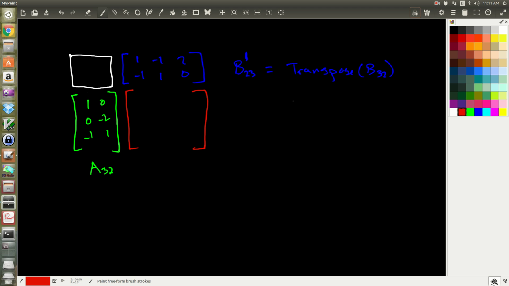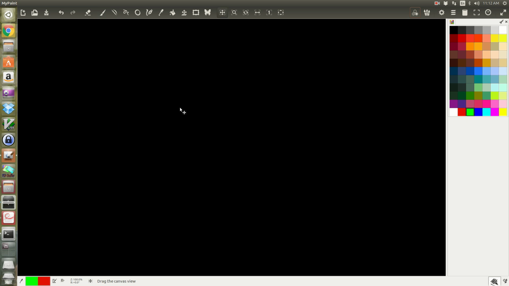Now, I just want to show you that you can do some cool things if you have vectors. So if I had a matrix that was a column vector, say I have a matrix A like this. It's got 3 components. We'll call it A11, A21, A31. Okay, so this is A, and it is 3 rows and 1 column.